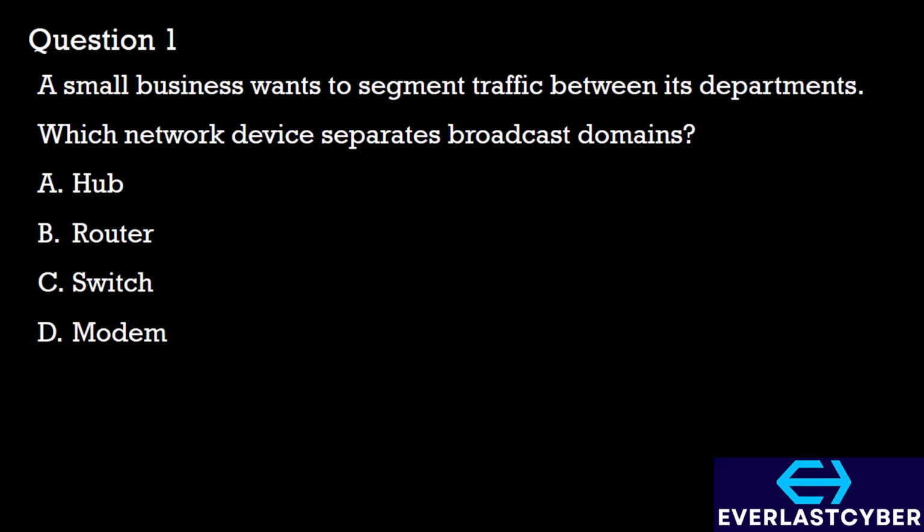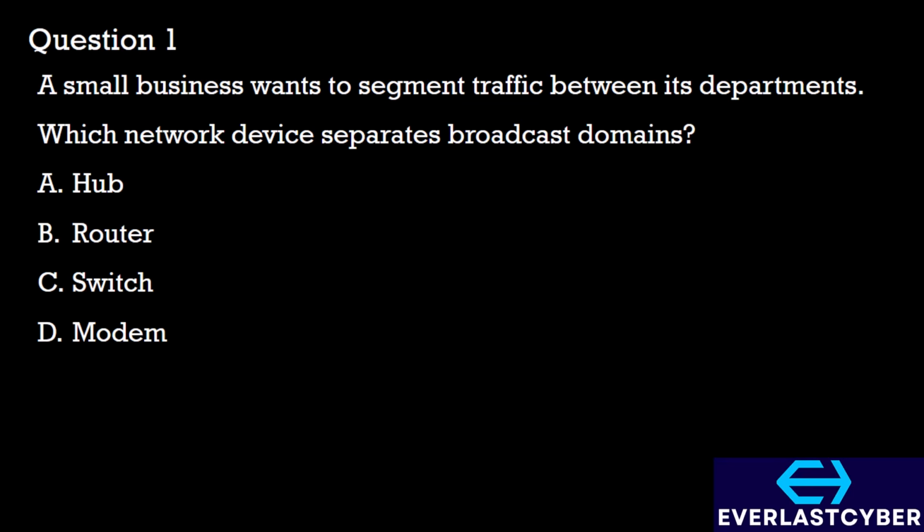A switch operates at layer 2, the data link layer, and it can segment collision domains, but it does not separate the broadcast domains. A modem operates at layers 1 and 2, and it's primarily used for converting digital data to analog signals and vice versa.